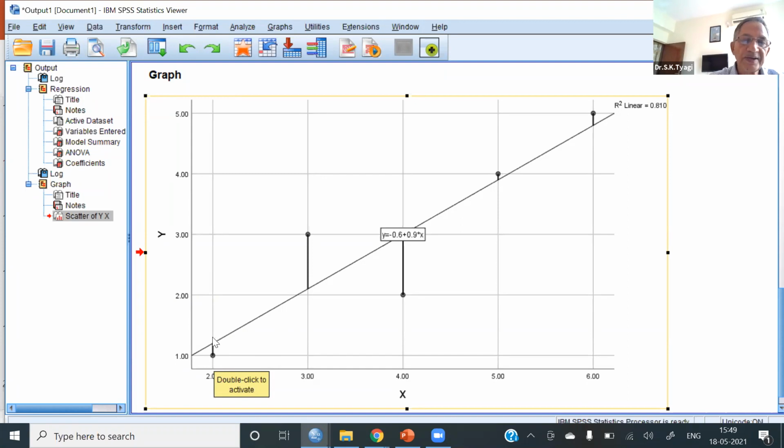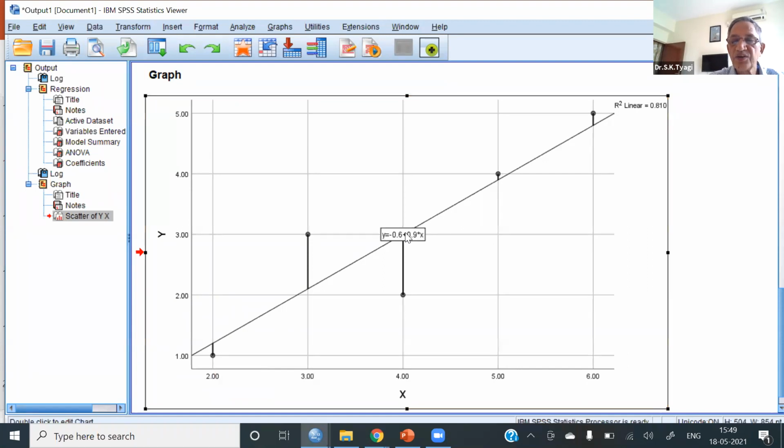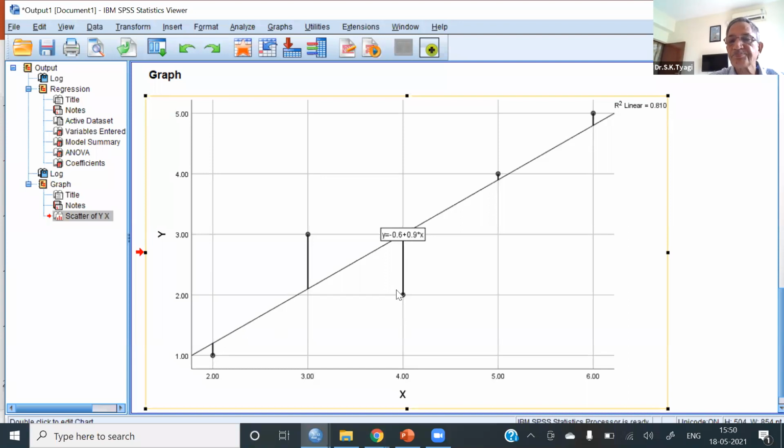So this one is the predicted value, okay. This is actual value y, and this is the predicted value. This difference is residual or error. This one is the actual value of y, and this is the predicted value for this 4. Therefore, this is the residual or error.